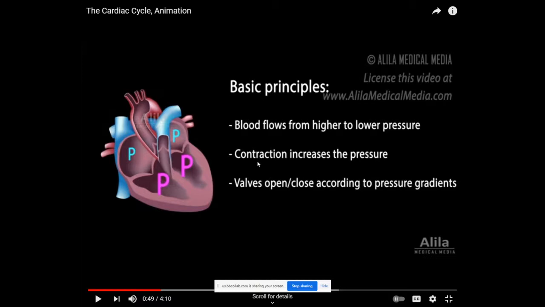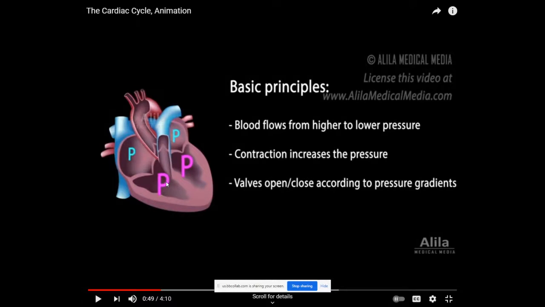Same thing with the ventricles and the atria. That will happen, okay? And then the valves will open and close depending on wherever the pressure is greater on one side or the other. Meaning, in our example here, if we're looking here in the atria, if the pressure is greater in the atria than it is in the ventricles, remember the valves are one way only.